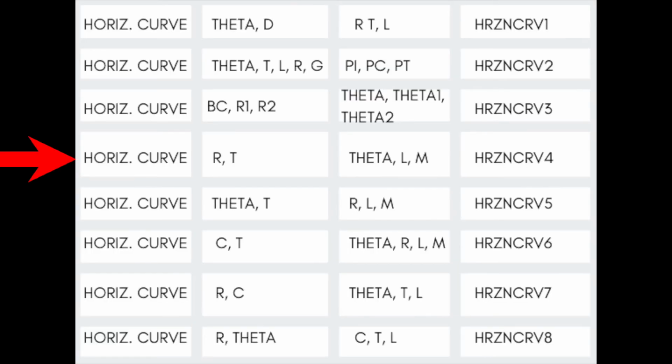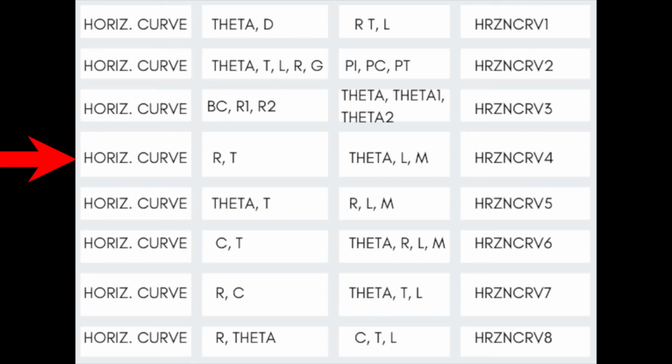So this chart is really interesting to me, and I've included in your guys' handouts. It's the section about horizontal curves that I've programmed into the TI-84. And as you can see, equation horizontal CRV number 4 has just what we need because we're given R, T and we're trying to find either theta, L, or M. You guys are lucky because I've already done all the programming for you guys, so all you got to do is download the files and load it onto your TI-84.